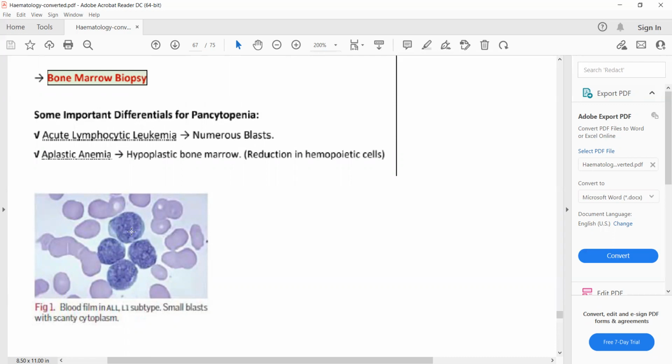This blue or purple color is basically the nucleus, and there is no cytoplasm. You cannot see any cytoplasm. So this is how the blast cells will look in case of lymphoblastic leukemia. Large lymphocytes, large cells with a large nucleus and scanty cytoplasm.